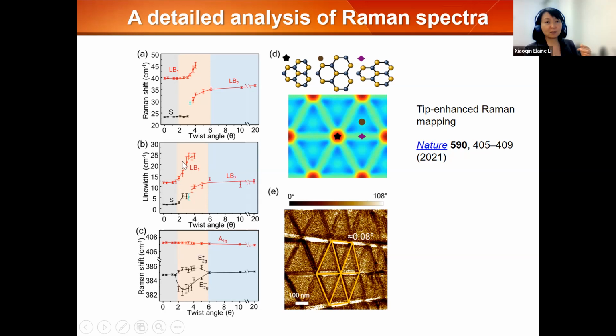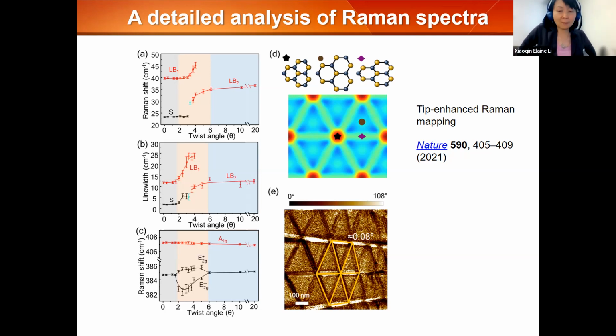But then you enter what's called the transition region. There's a continuous evolution for the atomic alignment. Then both the Raman energy and line width or splitting are continuously evolving until you hit what we call the rigid lattice region, where the two layers are mostly decoupled. Then the Raman doesn't change again with twist angle.